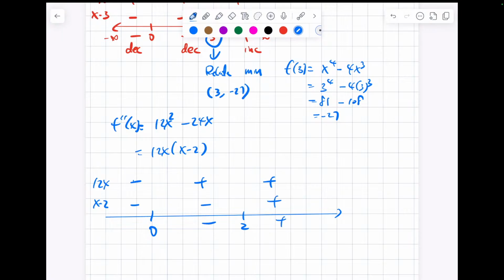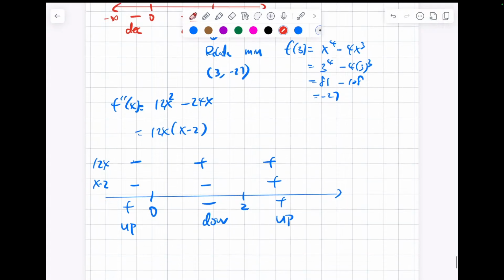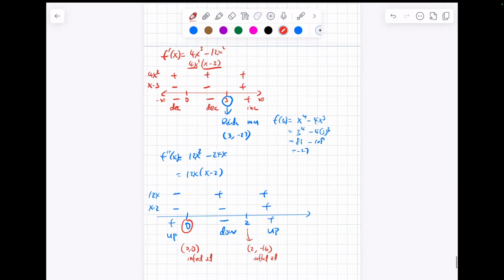So it's positive, negative, positive. So it's up, down, up. So (0, 0) is an inflection point because the concavity is changing from positive to negative. And (2, negative 16) is going to be an inflection point. So this is the only part where you're doing calculus.